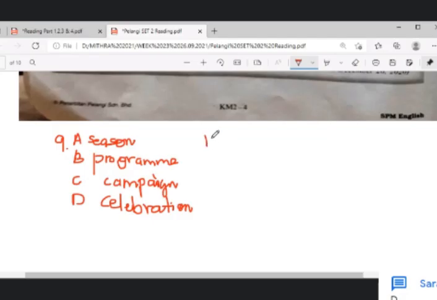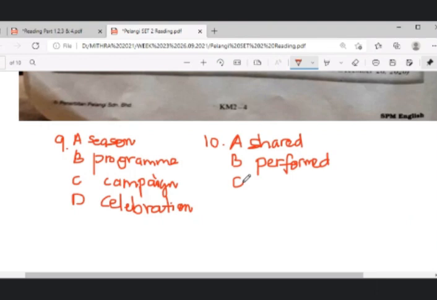Okay, question number 10. A, shared. B, performed.